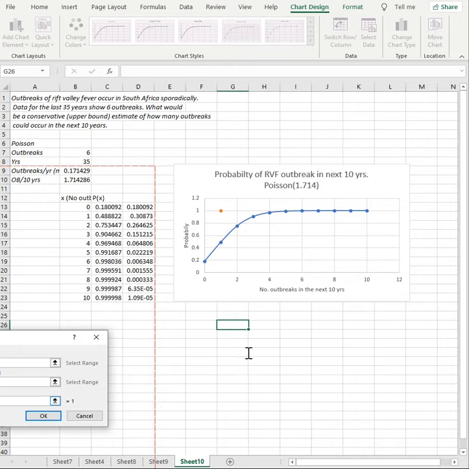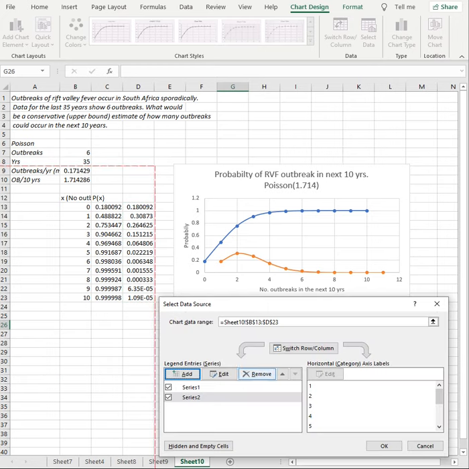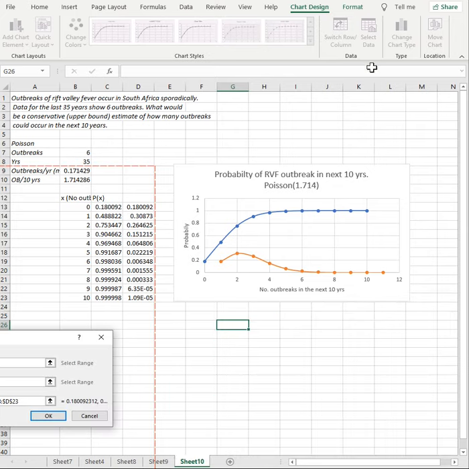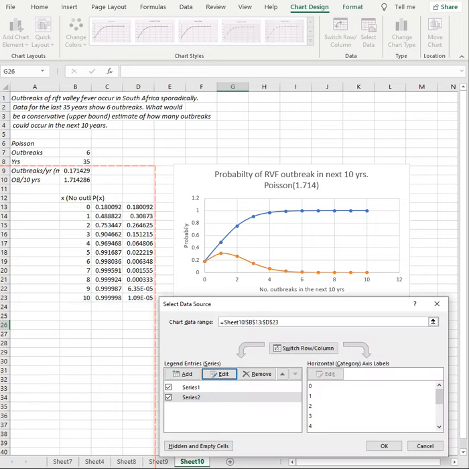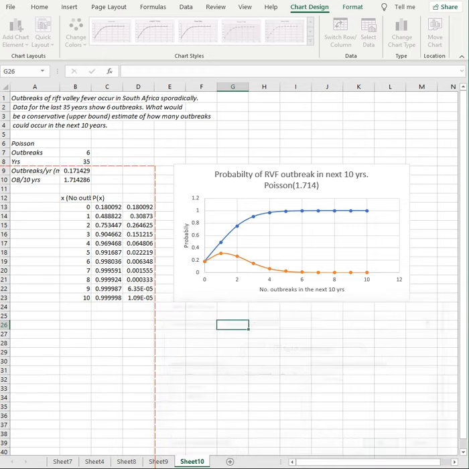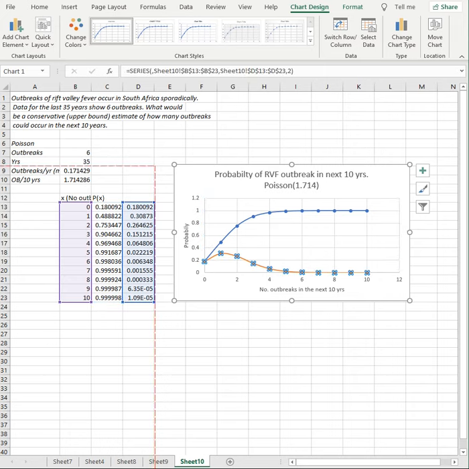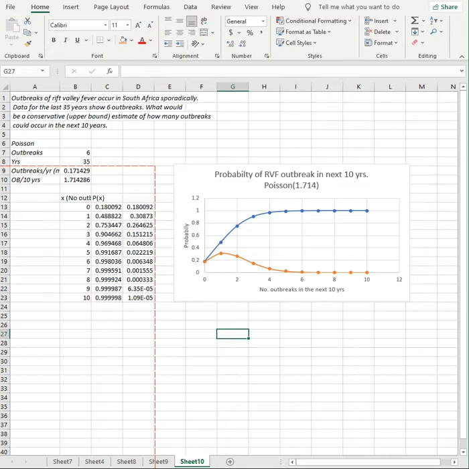So let's look at the series of Y values, these bad boys, X values. I find this is always quite fiddly. You've got to go back if you don't select all the data at the same time to start with. This one might be better done as a block, like a histogram type one, but whatever. So you can see the single number of outbreaks with the highest probability is 1, as we expected from here.